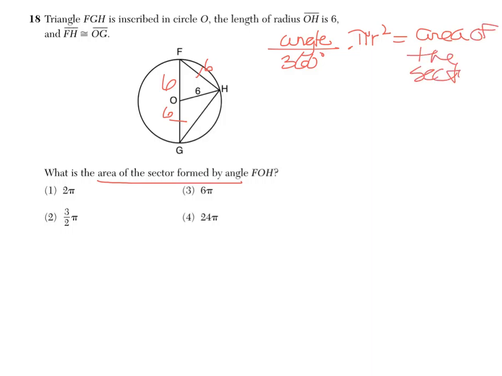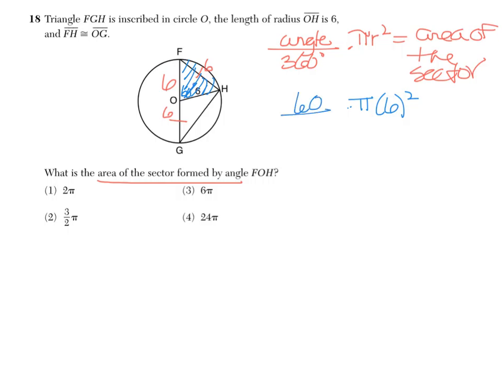So I have the radius as 6, and I need to find the angle measure, which we can do because all three sides are equal. That means we have an equilateral triangle, and in that case we have 60-degree angles. So we're looking for the area of the sector for this right here, and this is 60 degrees.